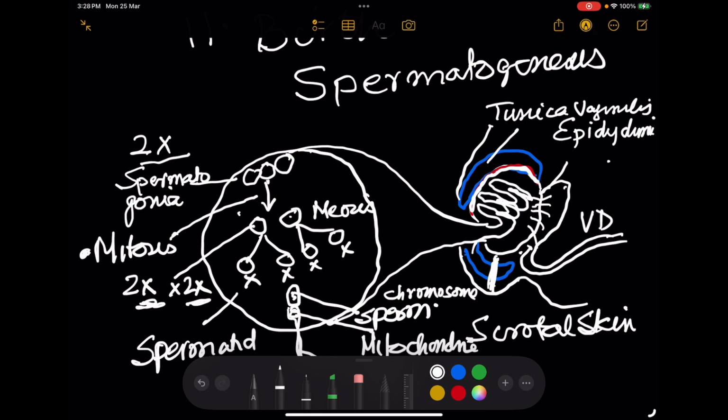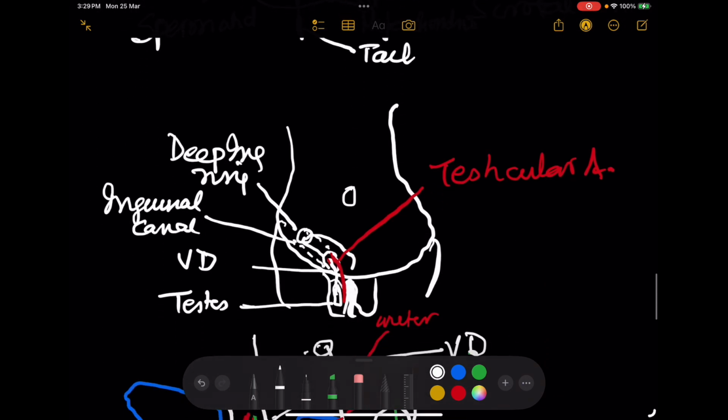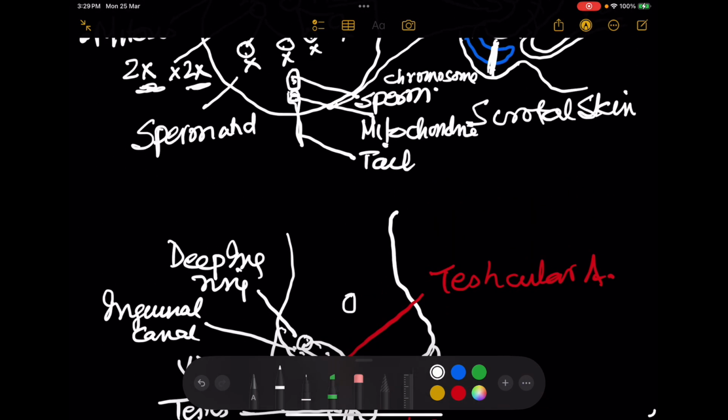So these cells are 2X, and this is also 2X. Then they undergo meiosis, which is a reduction division. And thus, from a single spermatogonium, 4 spermatids are formed. Now these spermatids undergo a transformation and they become sperms.